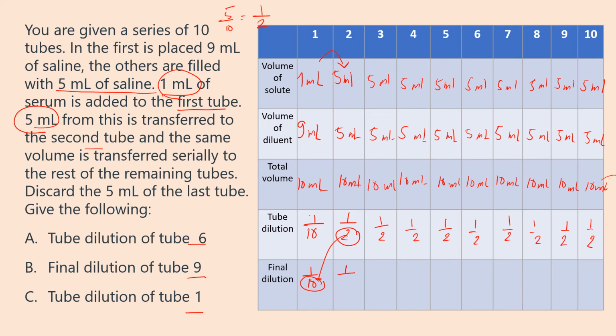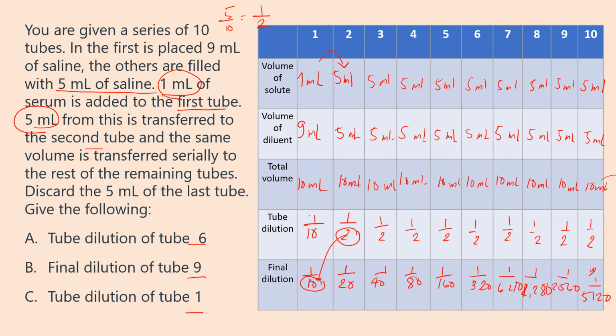So this becomes 1 over 20, 1 over 40, 1 over 80, 1 over 160, 1 over 320, 1 over 640, 1 over 1,280, 1 over 2,560, and lastly, 1 over 5,120.